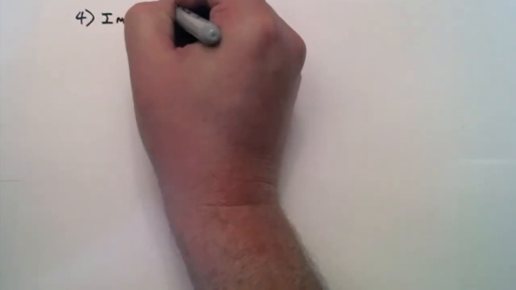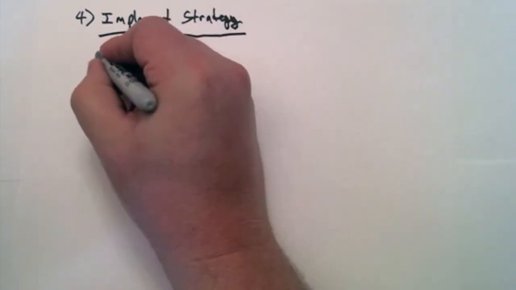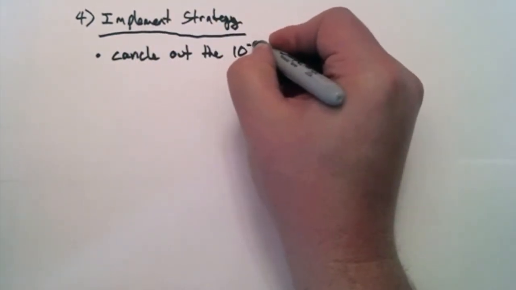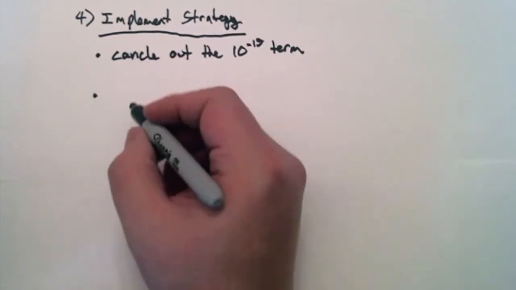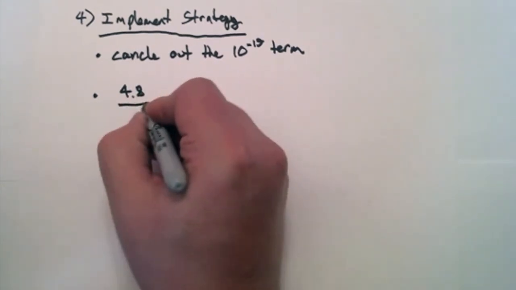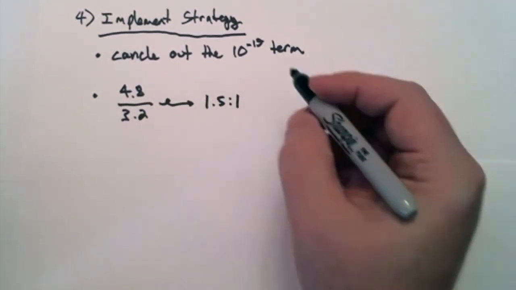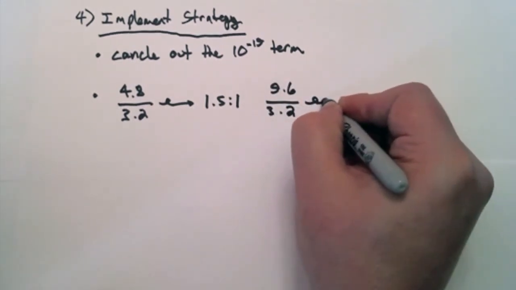We're now going to implement the strategy that we just devised. The first thing that we're going to do is cancel out the times 10 to the minus 19 term to simplify the math a little bit. We're going to take ratios of the charges of the oil droplets using the 3.2 times 10 to the minus 19 charge in all of the ratios.